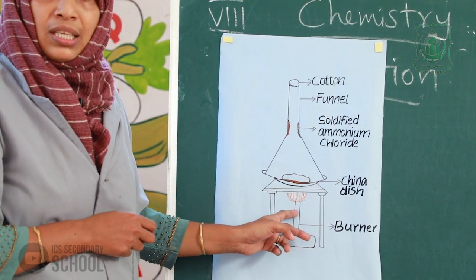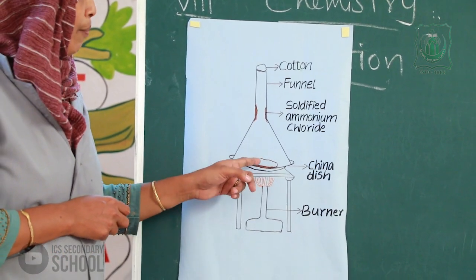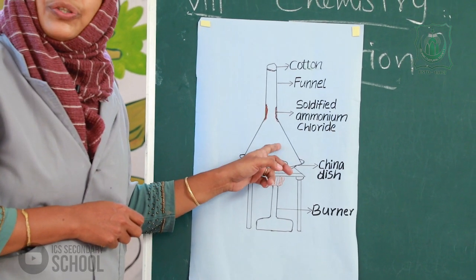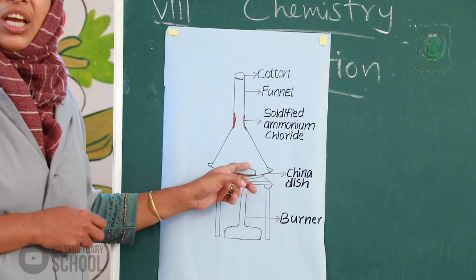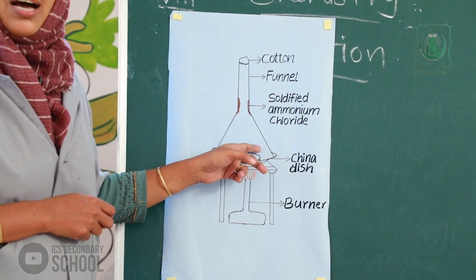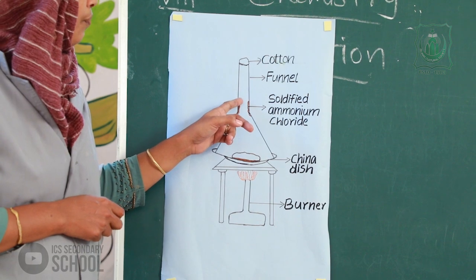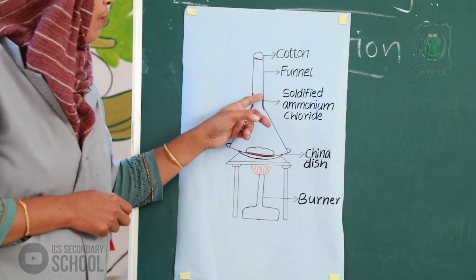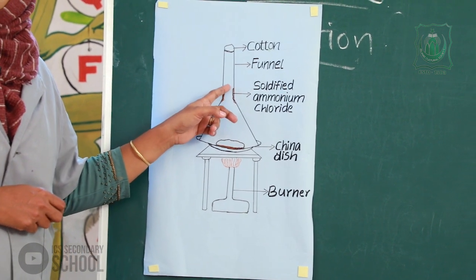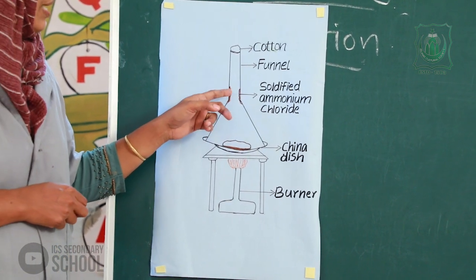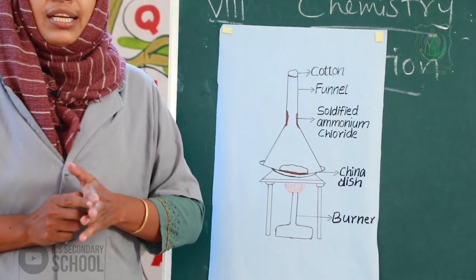On heating, ammonium chloride changes into vapor. After some time, it solidifies and sticks to the walls of the funnel, and we can separate this ammonium chloride.